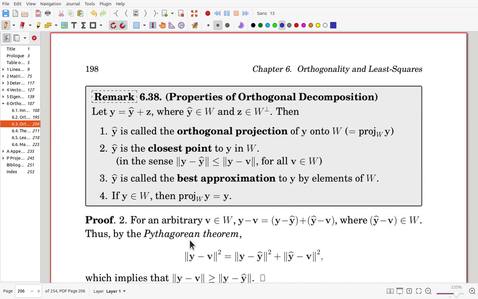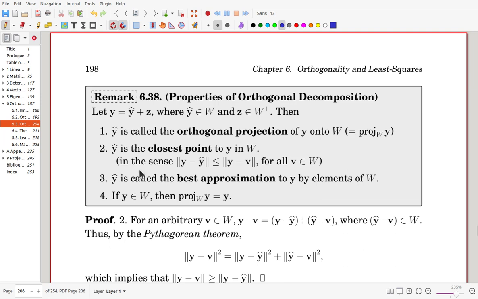Properties of orthogonal decomposition. y is decomposed into these two vectors, y hat in w and z in w perp. Then y hat is called the orthogonal projection of y onto w, and we may use such a notation. And y hat is the closest point to y in w.